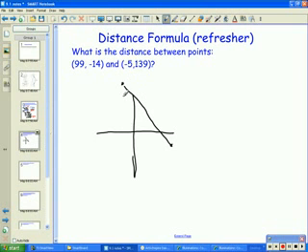What we did in geometry was we created a right triangle, went straight down and then straight over, and figured out the height and the width of this triangle. Then we used the Pythagorean theorem, a squared plus b squared equals c squared.